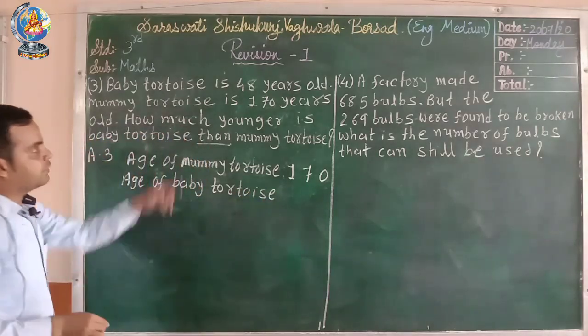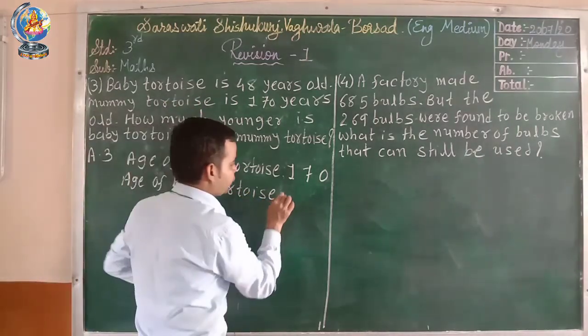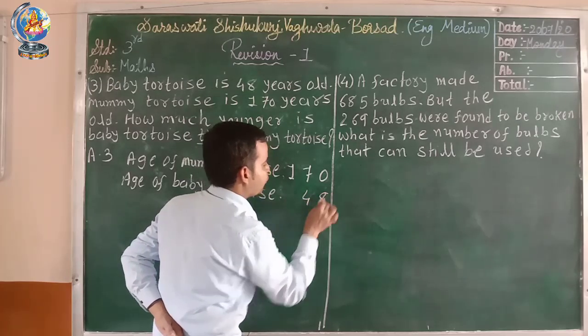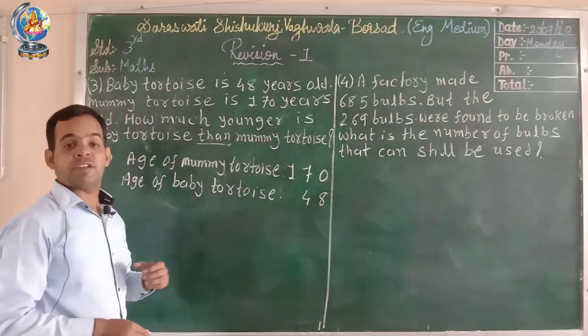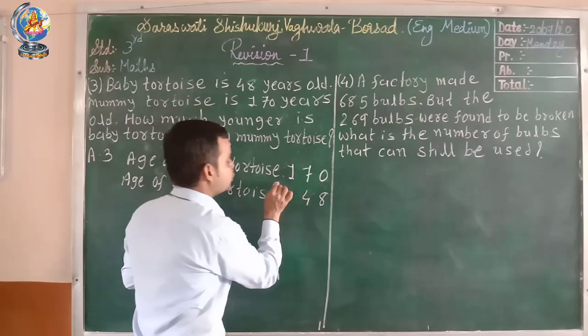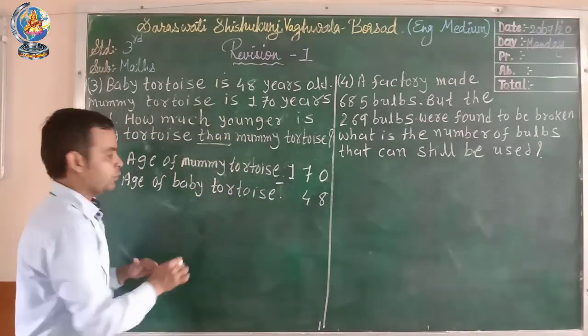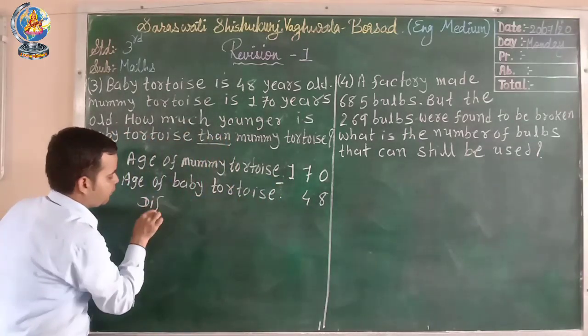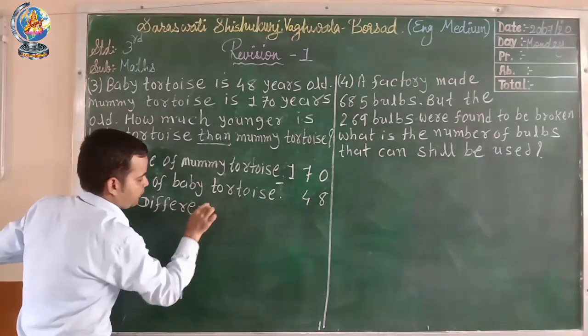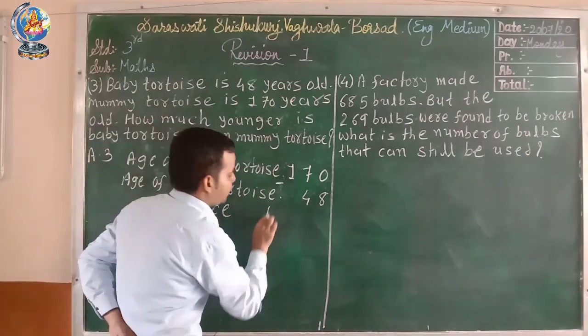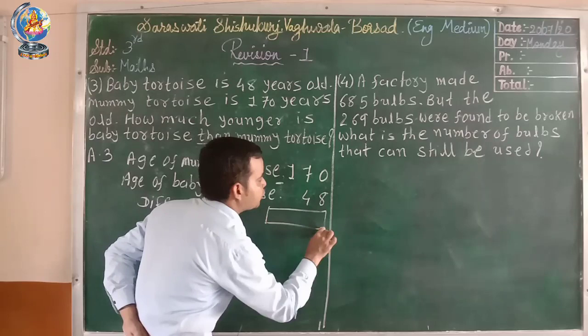How much is given? 48 years old. So we have to write 48. Now we have to find the difference, so we have to do subtraction, right? And here we can write difference. So now let's start the subtraction.